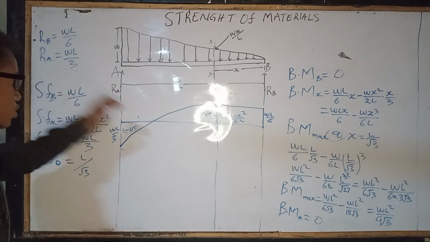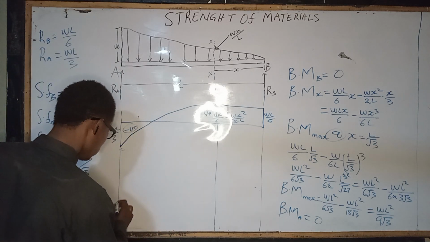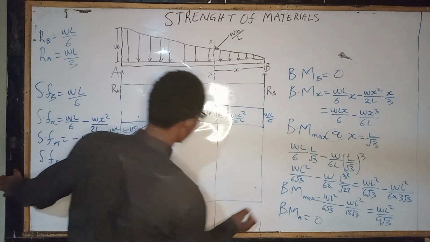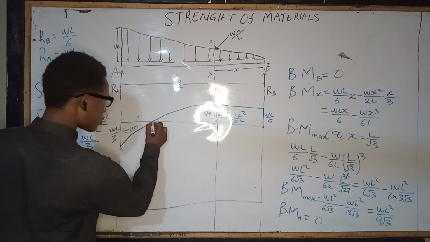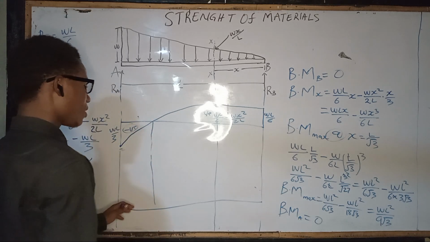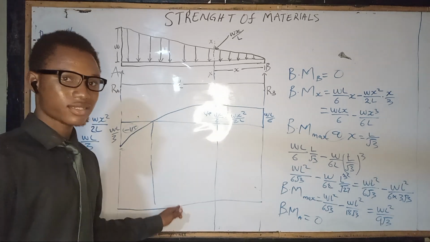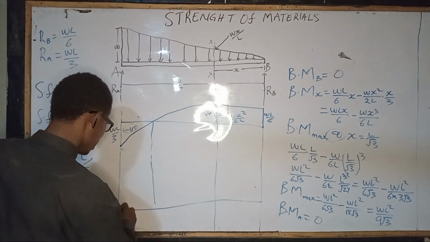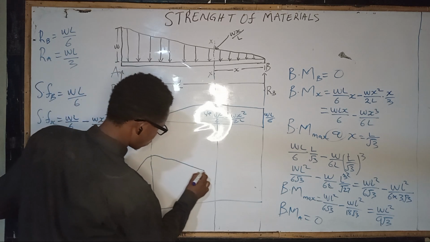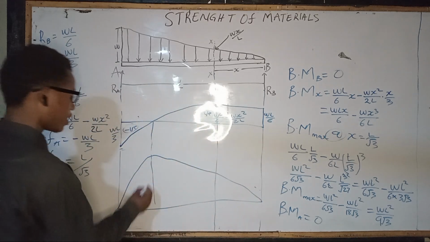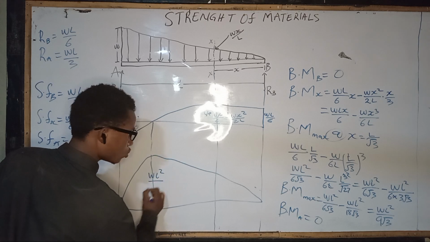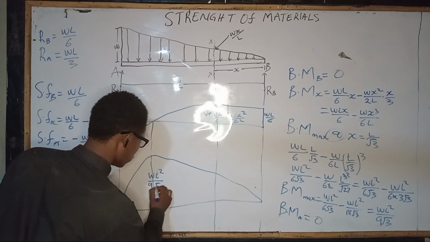So now this is the shear force diagram. To the bending moment diagram, you have the bending moment diagram. From these points right here, where the shearing force is 0, is the point whereby we are going to have the highest bending moment. So drawing the bending moment diagram is going to be something like this, whereby this point right here is where we have our WL square over 9 root 3.